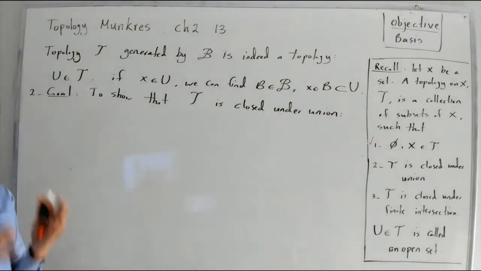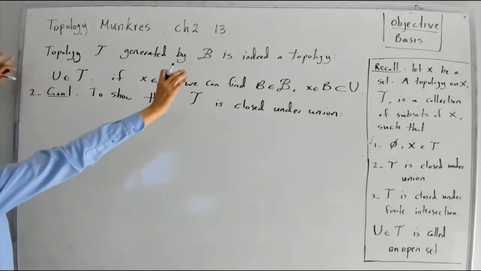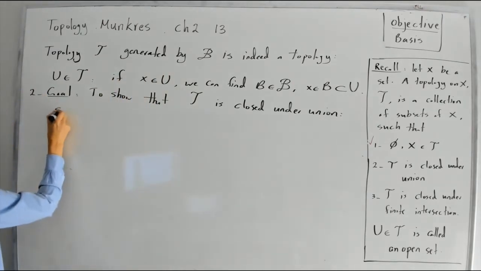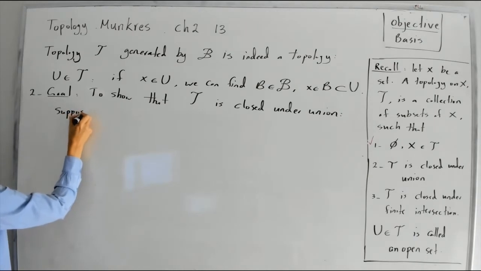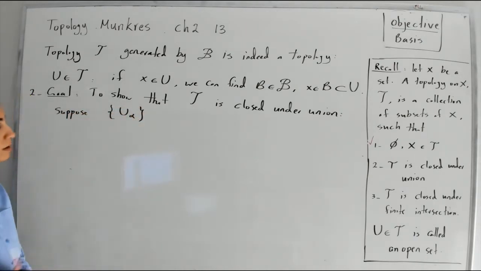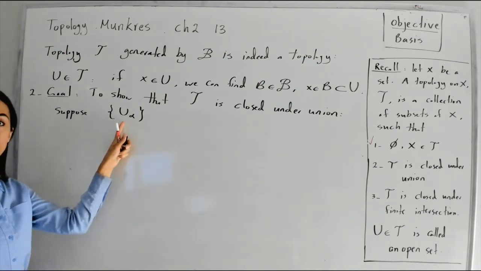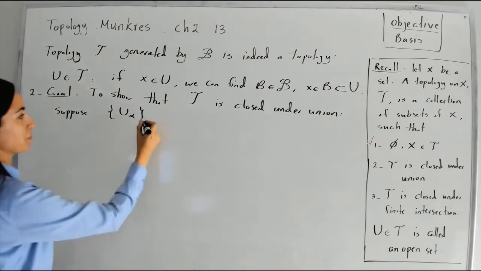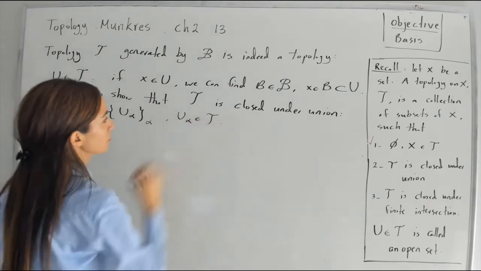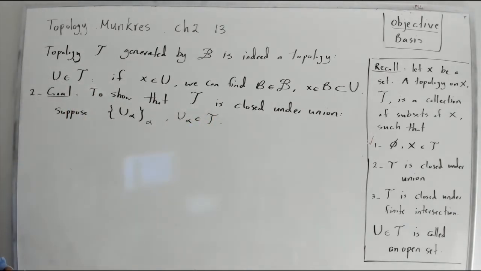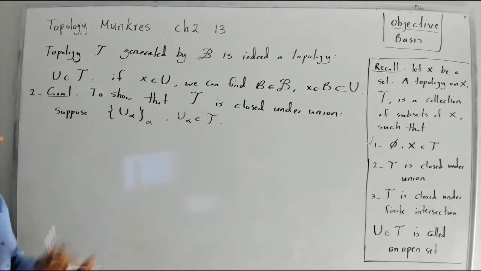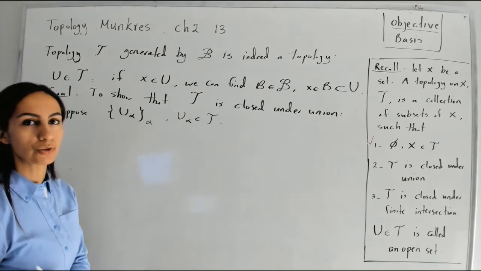Remember that our goal is to work with the elements in that topology. So suppose you have a collection of open sets in your topology. You want to show that if you take the union of these elements, the union belongs to tau.